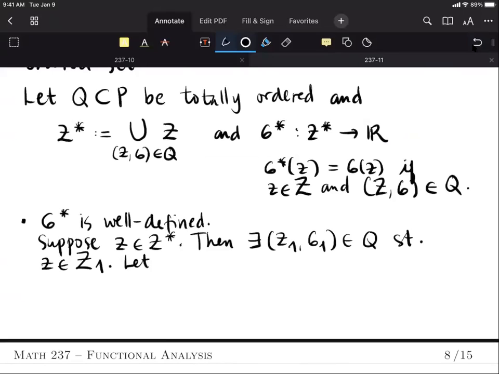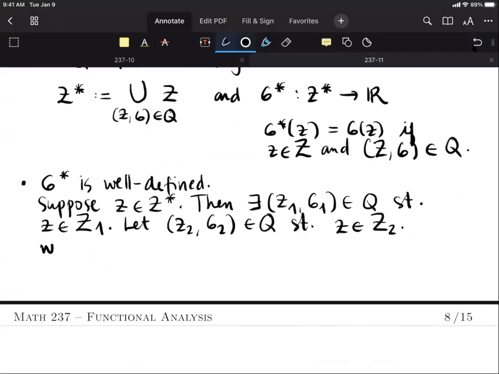Now, suppose I have another pair Z2, G2 wherein z is an element of Z2. Again, without loss of generality, let us suppose that Z1, G1 is less than or equal to.